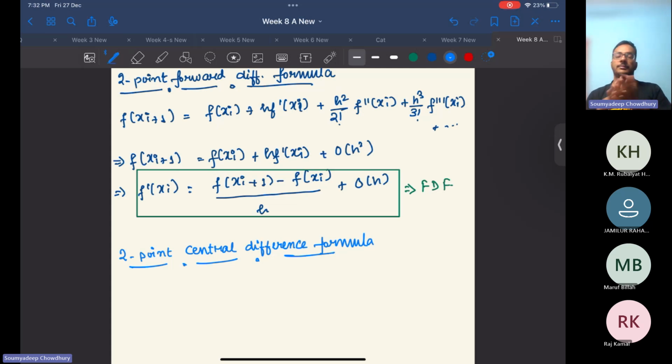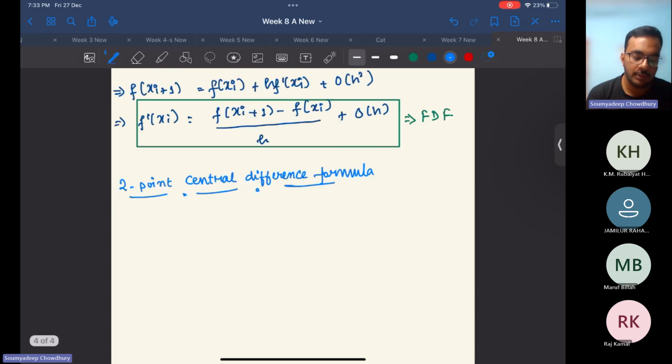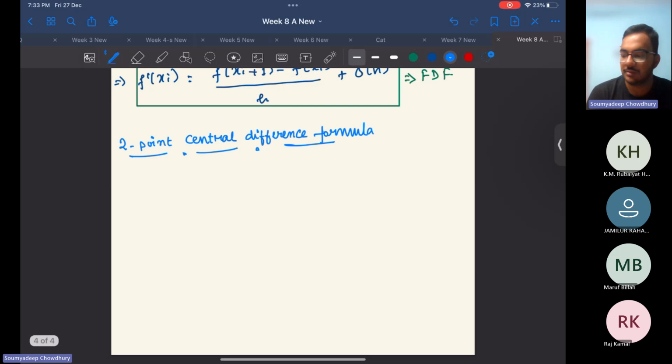Again, in forward difference, we go one step forward, so our formula involves xi and xi plus 1. Similarly, in 2 point central difference, your xi is here, one step backward is xi minus 1 and one step forward is xi plus 1. So your derivative point will stay at the center and only the two extreme points will take part, one is xi plus 1, other is xi minus 1. So here your formula will involve xi plus 1 and xi minus 1.